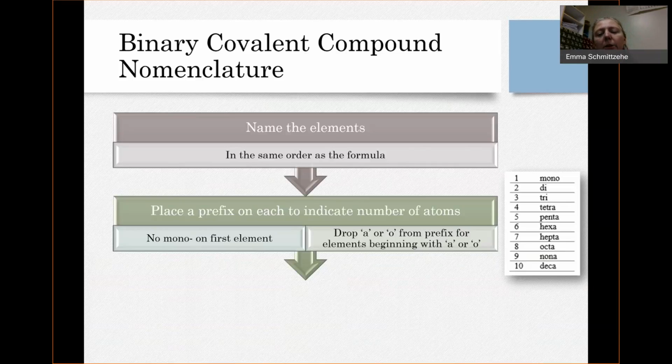But like I said, pretty much the prefixes go on everything, unless it's the first element, where you drop mono. There is one other case: when you have elements that only combine in one possible ratio, then they'll drop the prefixes altogether. That really is only the case, at least for common things that you would run into, for halogens, and really it applies to hydrogen with the halogens. So you could have HF, HCl, HBr, and HI, and there's no other possible ratio.